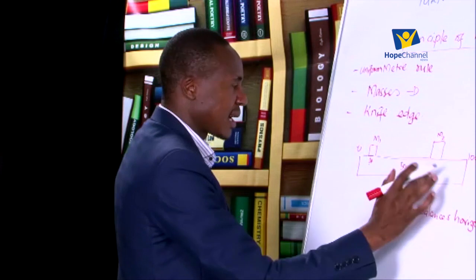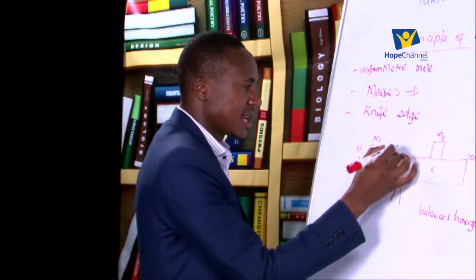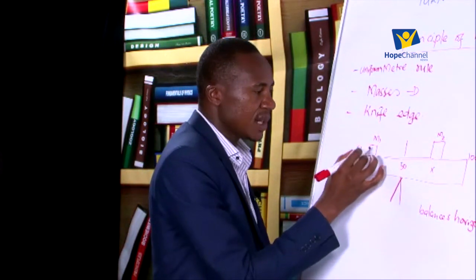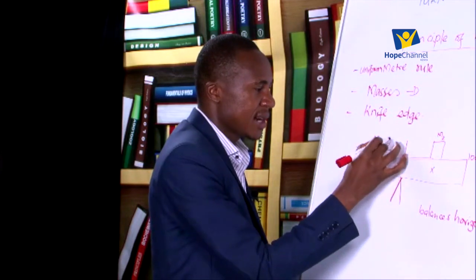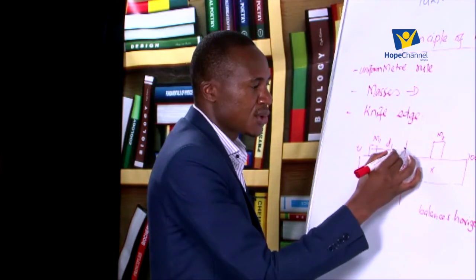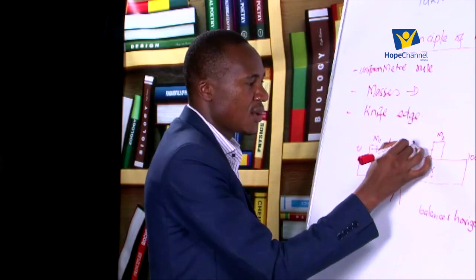Say it is at a distance x, so that from M1 to 50 is D1, and from M2 to point X here will be D2.